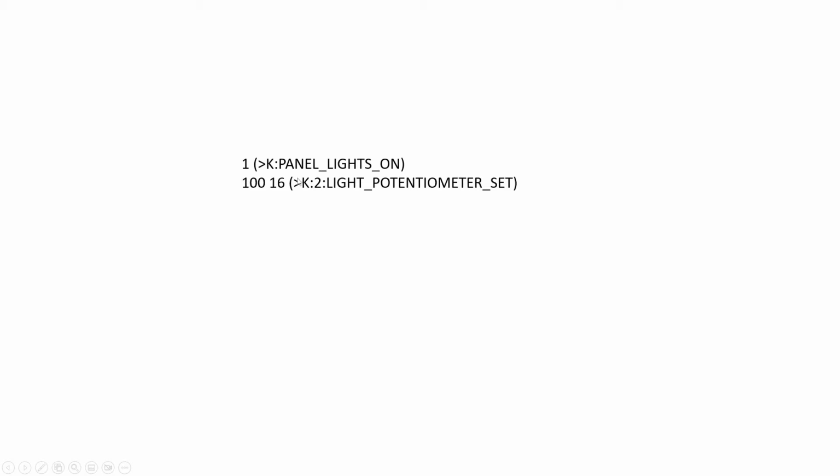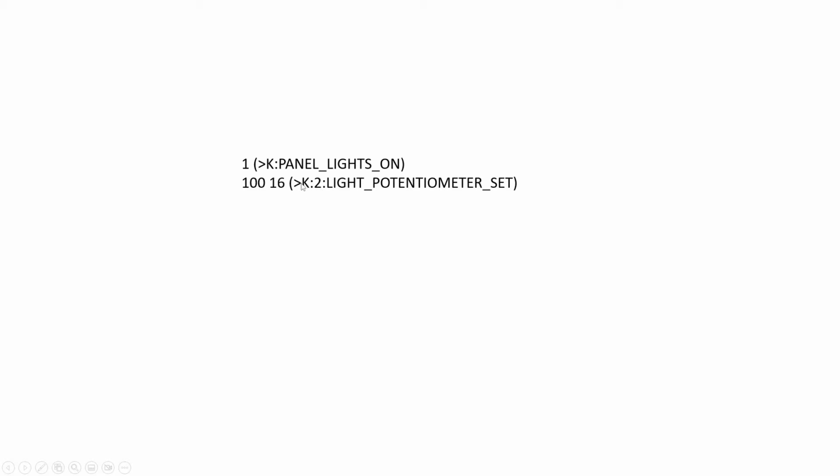And this is the second command. We're sending to this key event called light potentiometer set. We need to send two values. Firstly, the power: I want to send 100% power to potentiometer number 16. So we're sending two values to it, and that's what this 2 is about. We need to, again, manually type this in.